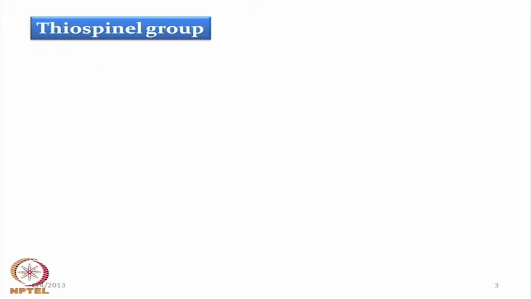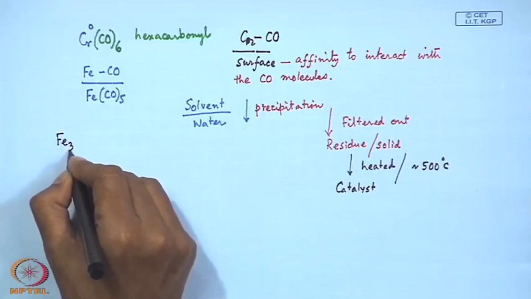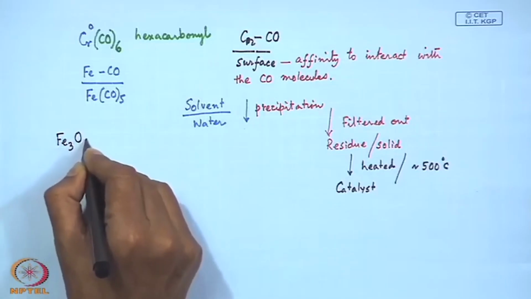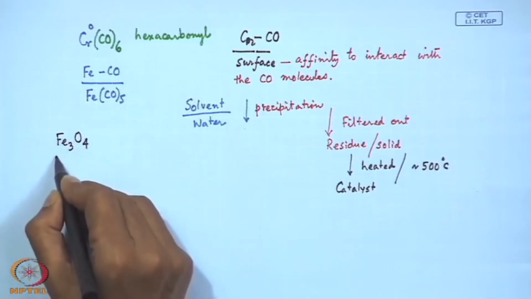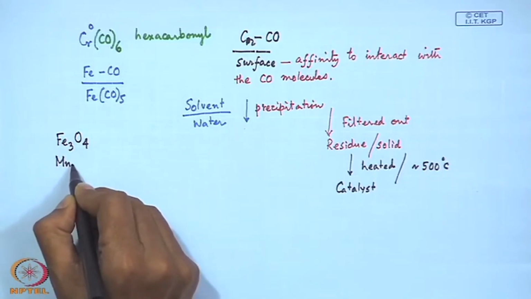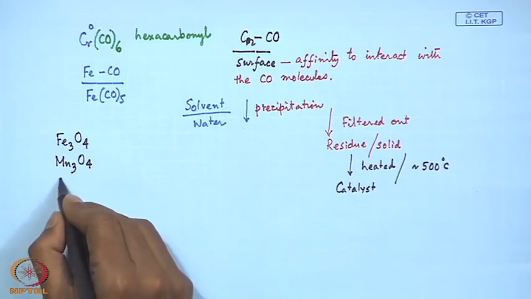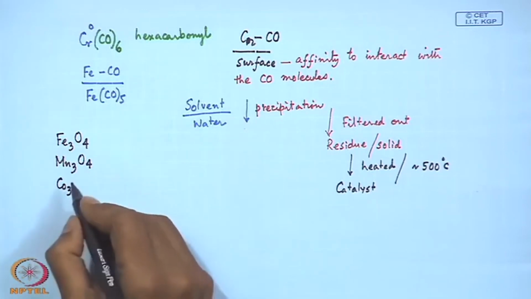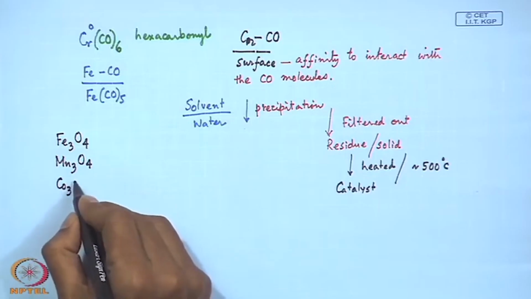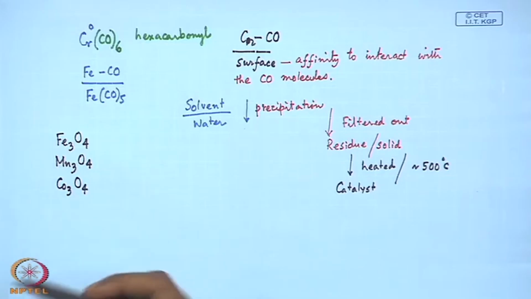Whenever we see the magnetite or hematite molecules, we see that there are several such spinel molecules available where manganese 3, cobalt 3 or iron 3 centers are there within the O4 oxide lattice structures.